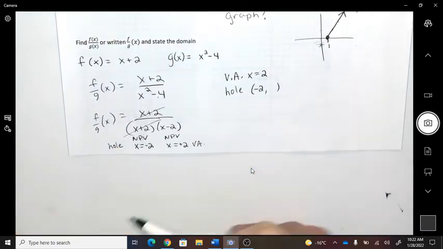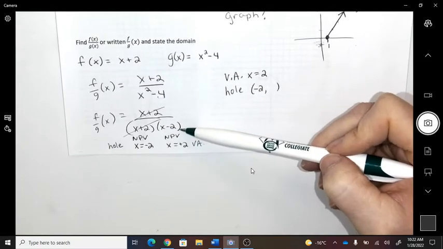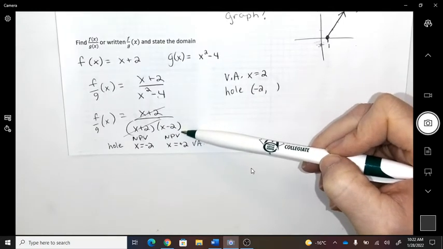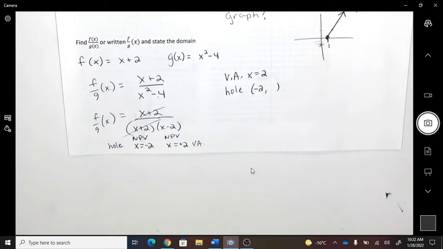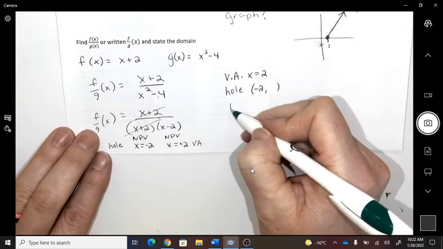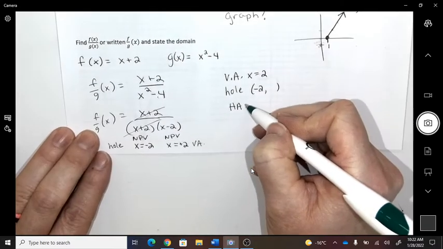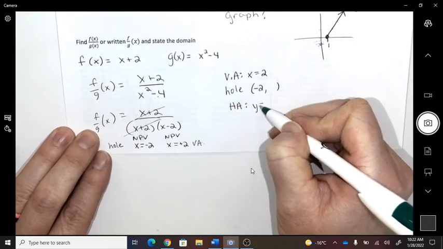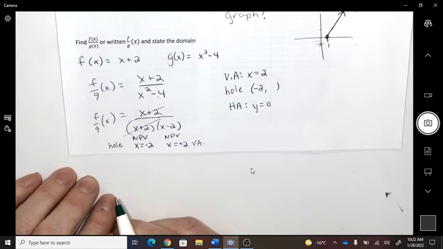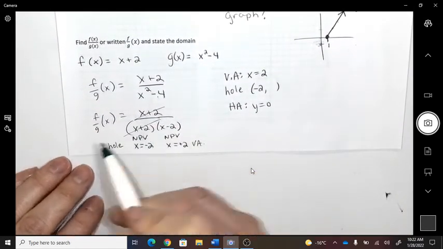And what do you know about the rules if the degree is higher on the bottom? What's going on with our horizontal stuff? Then you have a y = 0, right? If the bottom is bigger.